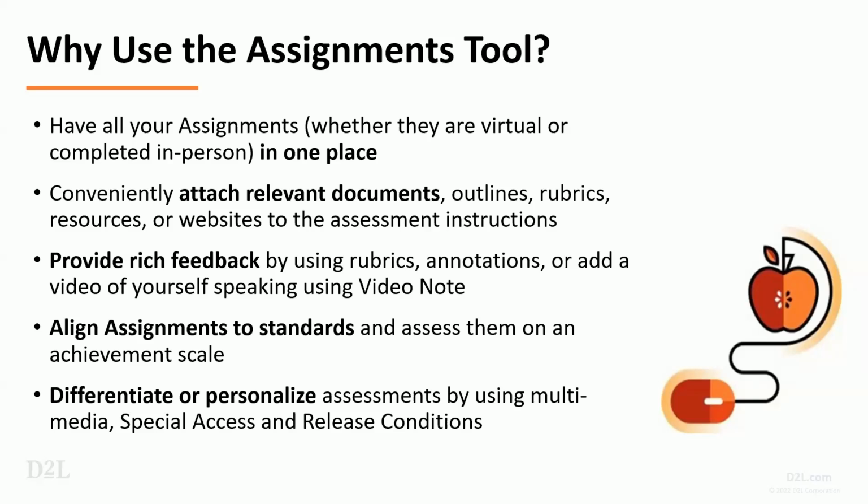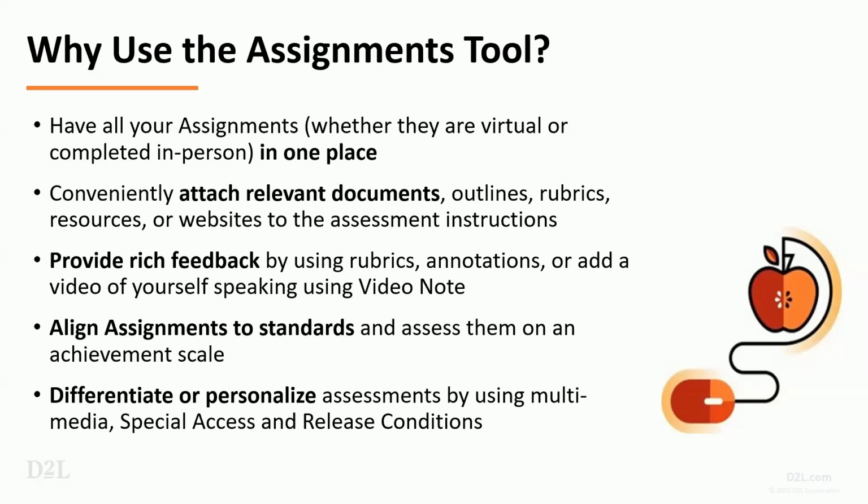There are also lots of really rich feedback options within the assignments tool. You can use annotation tools or even video note again to offer feedback to your learners. We also just recently introduced the ability to provide feedback in bulk within the assignments and discussions tool and retract that feedback as well. We'll be covering those feedback tools in our part 3, so be sure to join us for that session if you're interested.